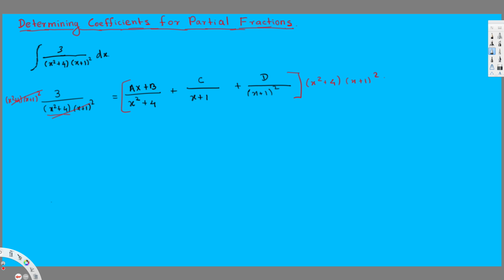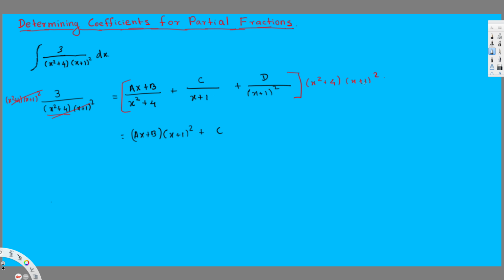And if I multiply this side with this one, for the first one, we have ax plus b right here, and at the bottom we have x squared plus 4. So when we multiply, this cancels with this one, and we will be left with (x plus 1) squared. And then for the c, this is just x plus 1.